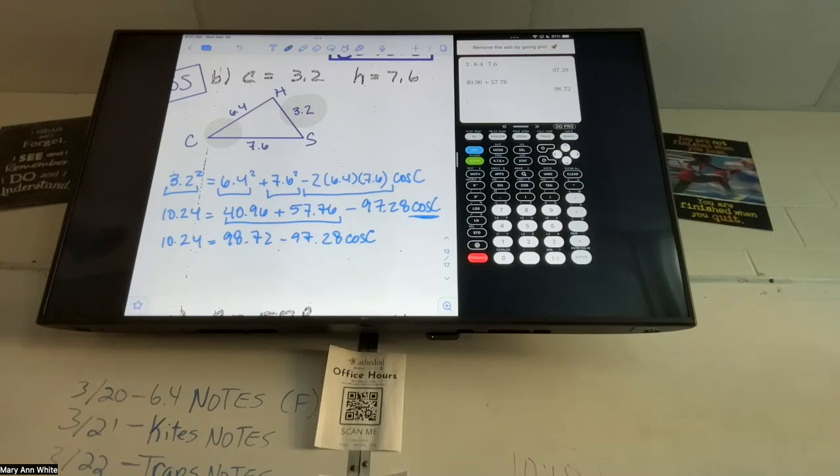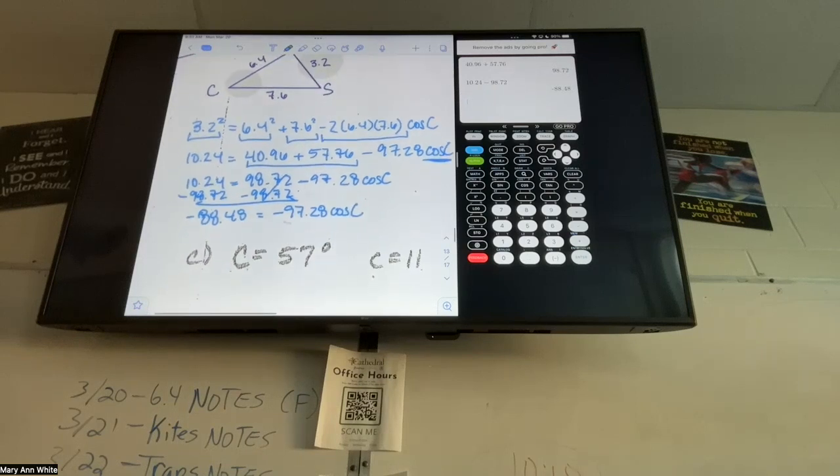No. So I'm going to subtract that 98.72 from both sides. And I'm going to get negative 88.48 equals negative 97.28 cosine C. And I'm going to divide by that 97.